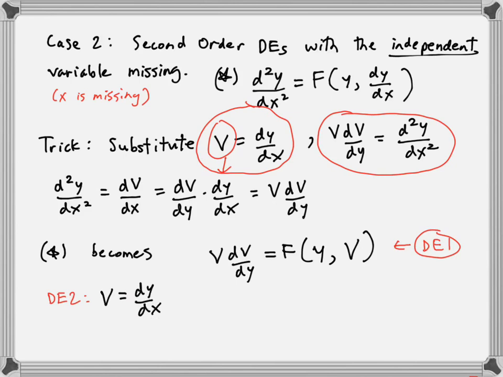Okay, so then you're going to solve differential equation 1 and then solve differential equation 2. Okay, so the steps are the same. The only new part is this right here, so I want you guys to be really careful about that. You need to have only y's in your problem in this one, right? So in the first case, you want to have only x's and v's. Here you want to have only y's and v's since the x's were missing.